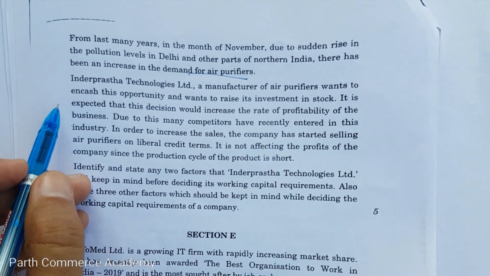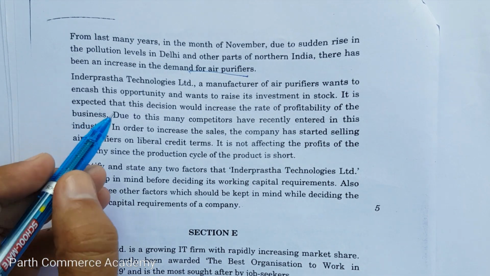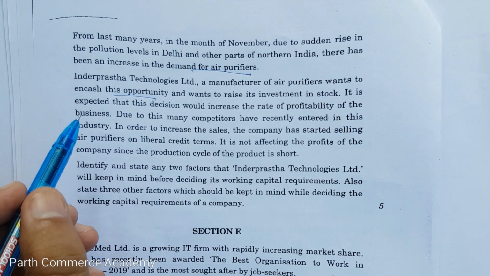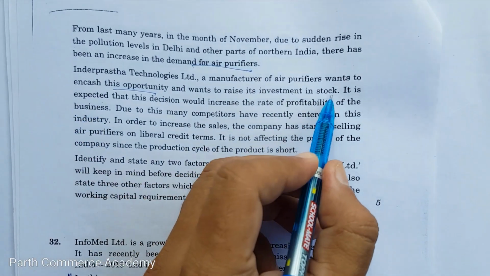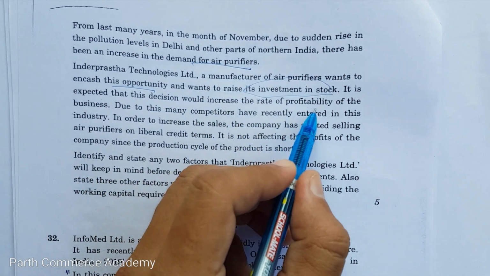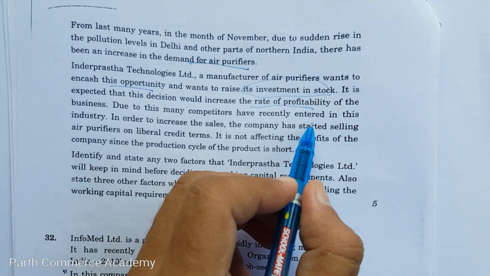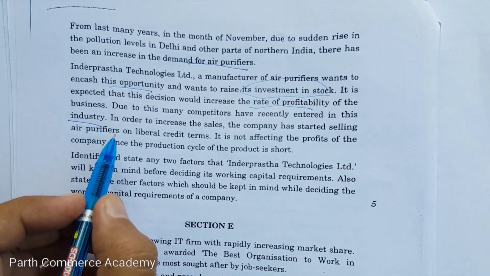Indraprastha Technology Limited, a manufacturer of air purifiers, wants to encash this opportunity and wants to raise the investment in stock. It is expected that this decision would increase the rate of profitability of the business, and due to this many competitors have recently entered this industry.